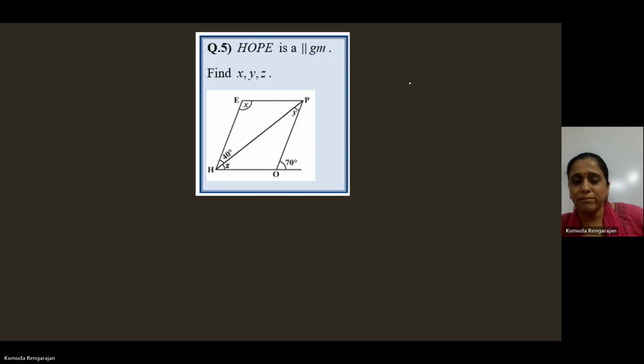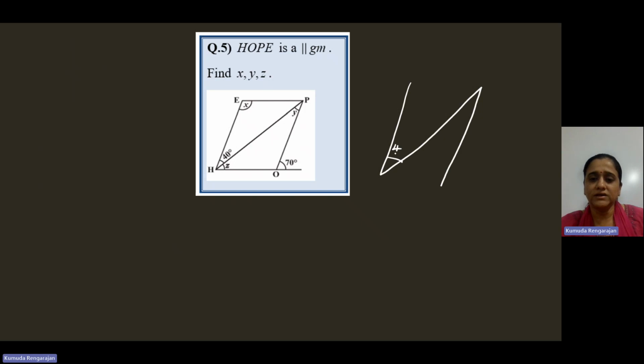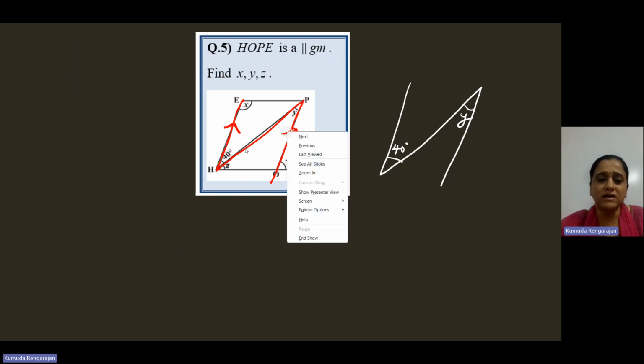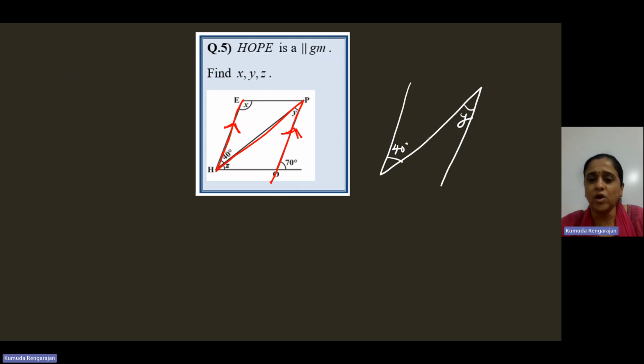So see, parallel line, transversal, parallel line. 40 and Y. Parallel line, transversal, parallel line. Why are these two parallel? Because they're the opposite sides of the parallelogram HOPE. Opposite sides of a parallelogram are parallel. So these two lines are parallel and this is the transversal. And you can see 40 and Y. Alternate angles are equal.